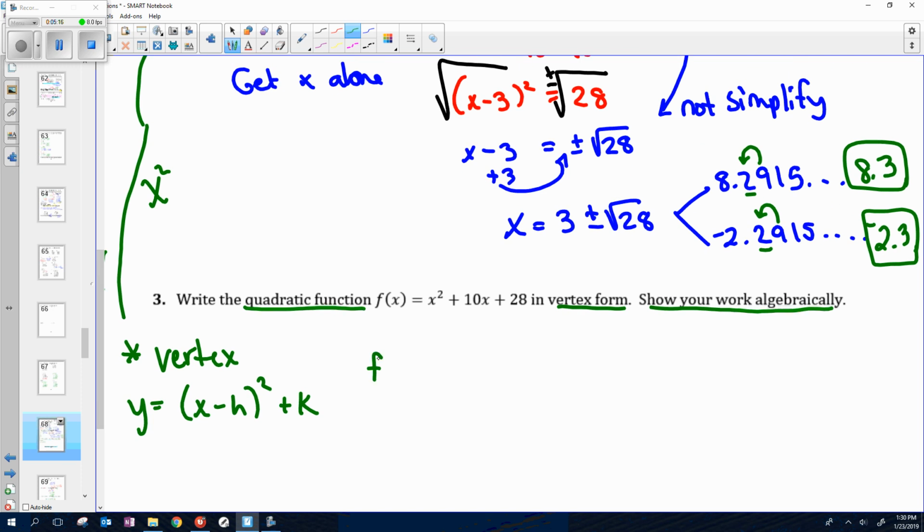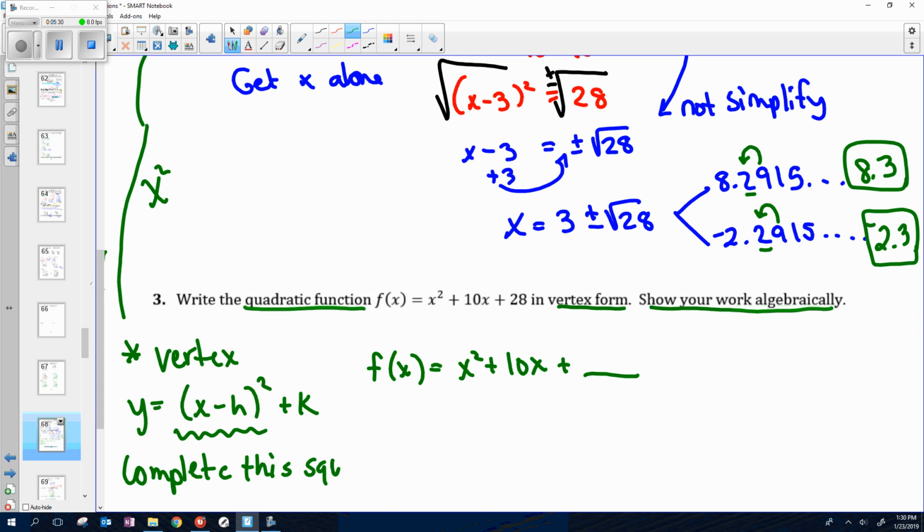So f of x equals x squared plus 10x plus blank, because I need to complete the square. And that's what we're going to do. So I have a blank there, and I'm just going to shuffle the 28 off a little bit further.